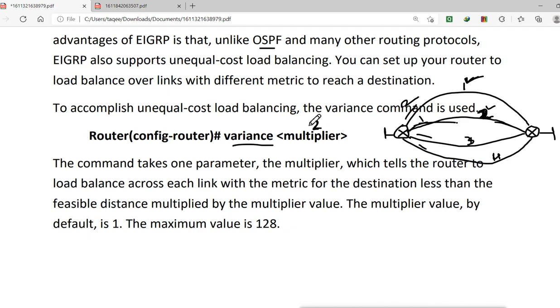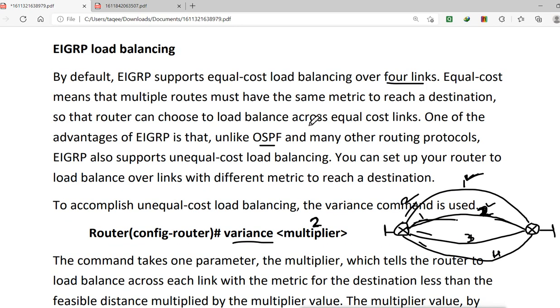So this is one of the features of EIGRP: by default we can do load balancing on equal paths, maximum up to 4 equal paths, just like the other routing protocols. But EIGRP can do load balancing on unequal paths also, and we can do that by using the variance command.